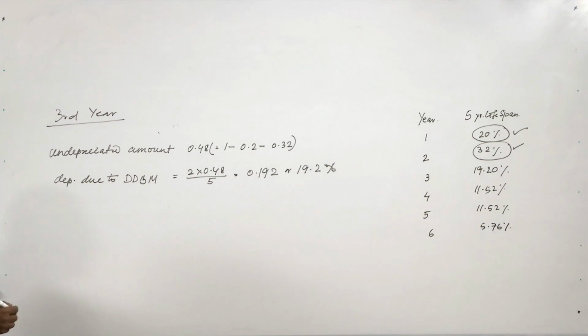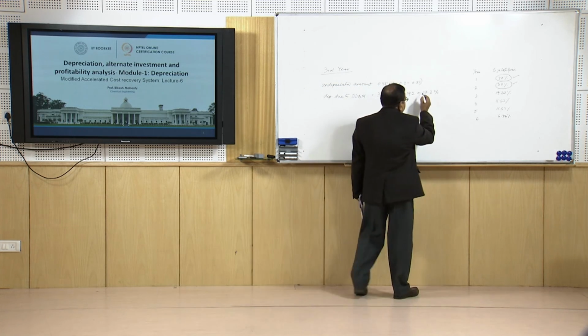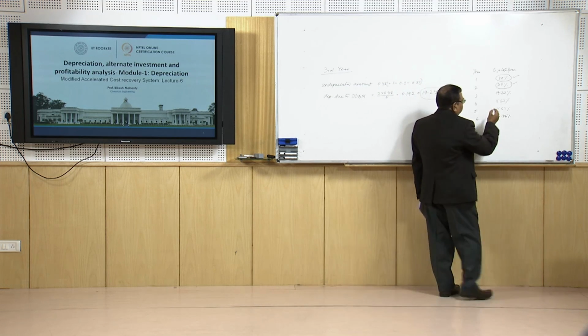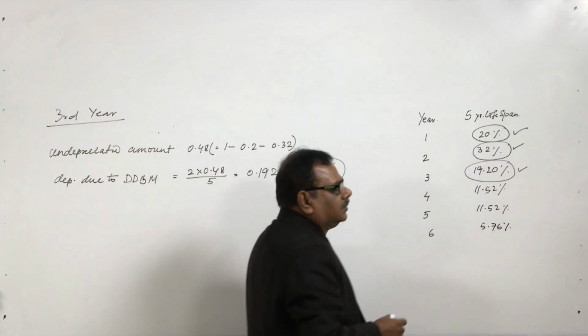So, we have seen that in the third year we are deducting 19.2% as depreciation.